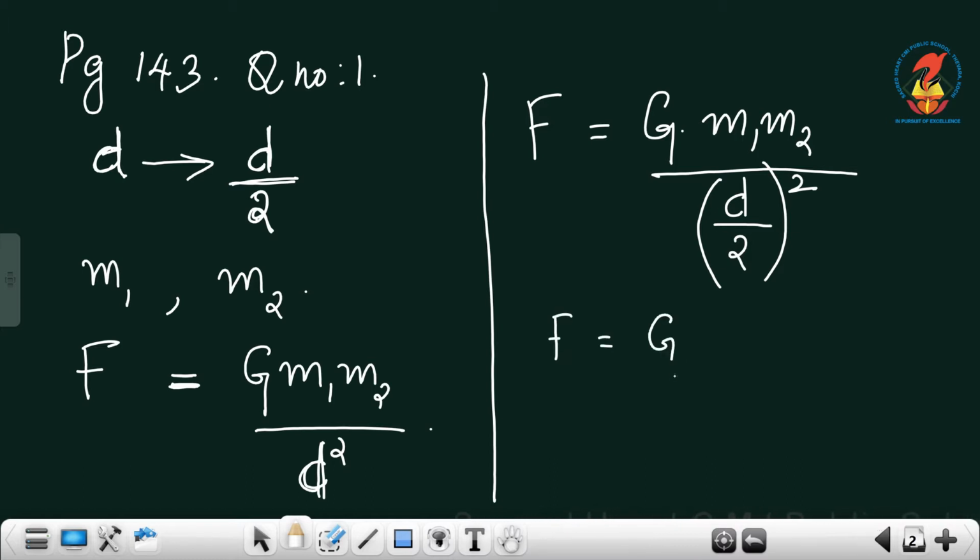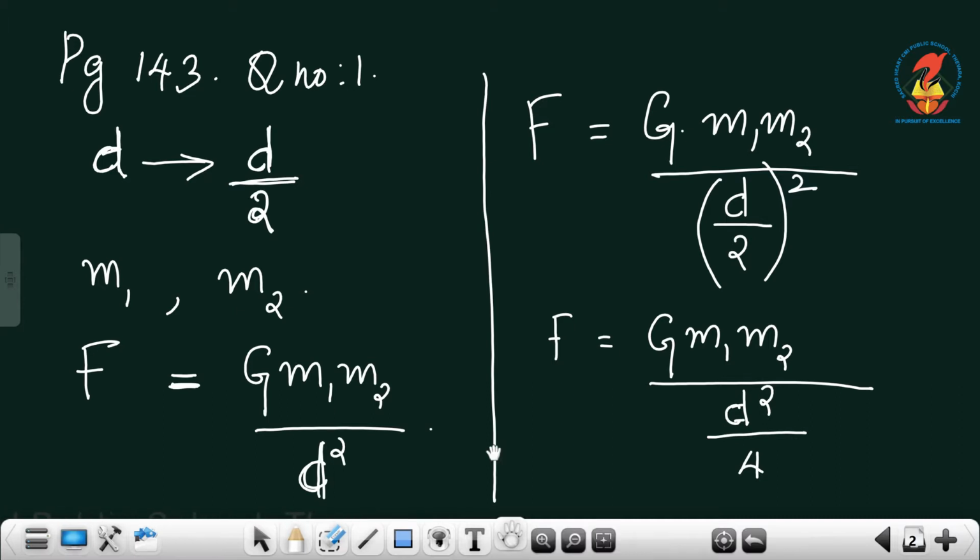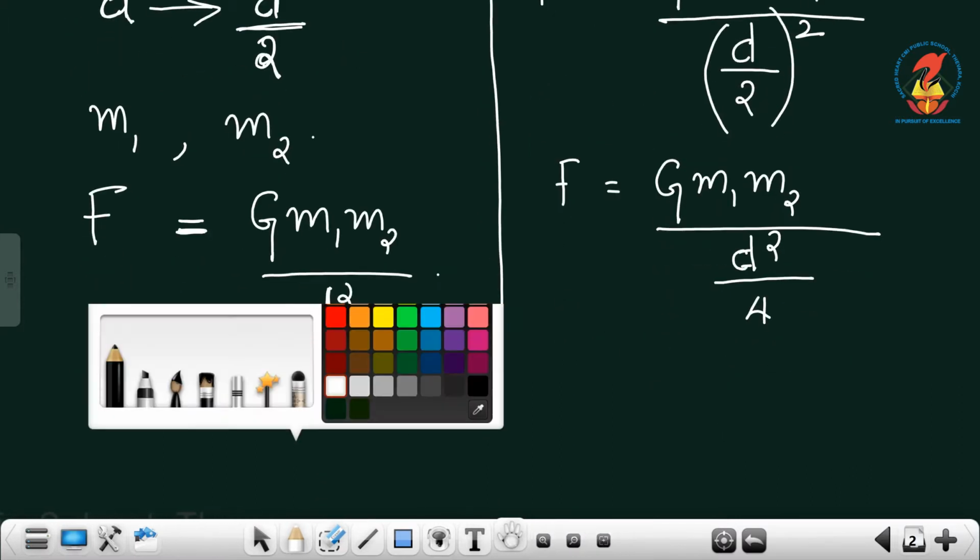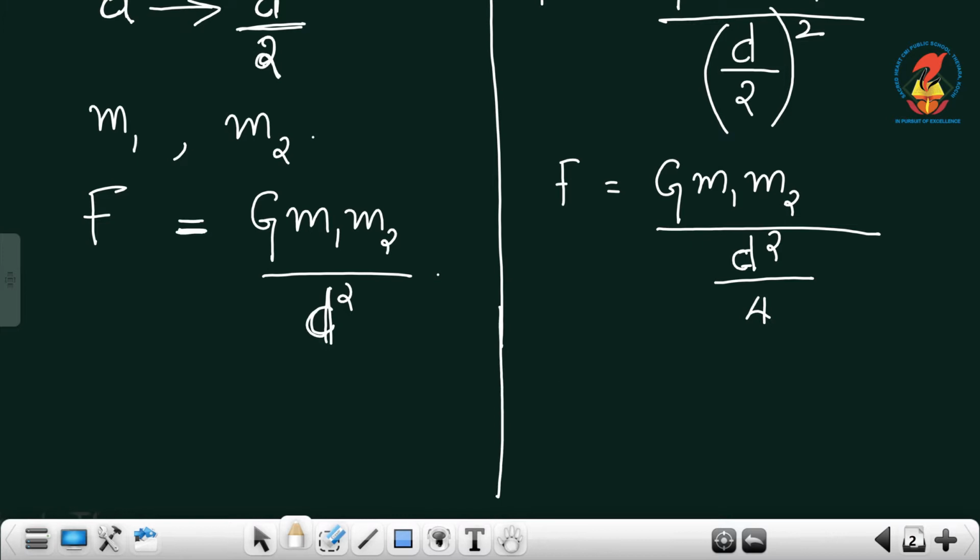That is F is equal to G m1 m2 by, open the bracket, d by 2 the whole square. So it becomes d square by 2 square, which is 4. F is equal to G m1 m2 by d square by 4.